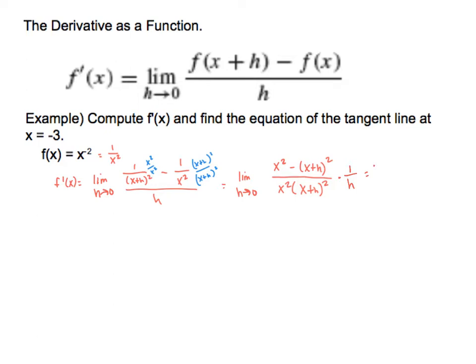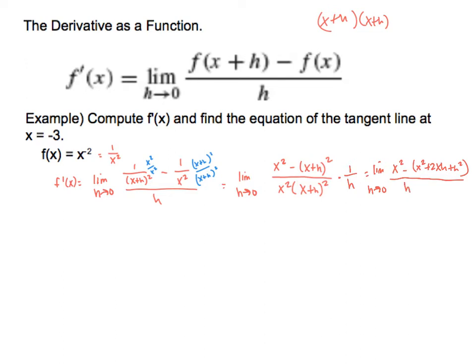Okay. So limit as h approaches 0 of x squared minus, I'm going to keep the parentheses for another line of work. And so what I'm doing right now is x plus h times x plus h. So that's going to give me an x squared, 2xh, and an h squared, divided by h, right?